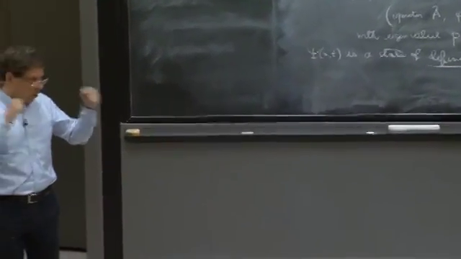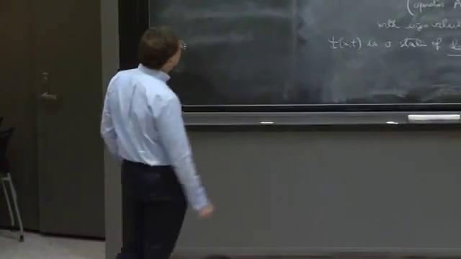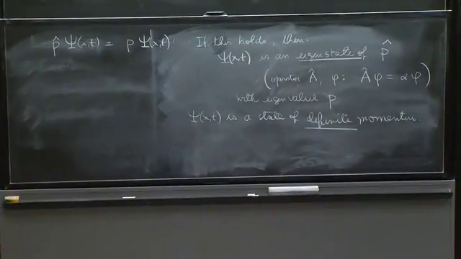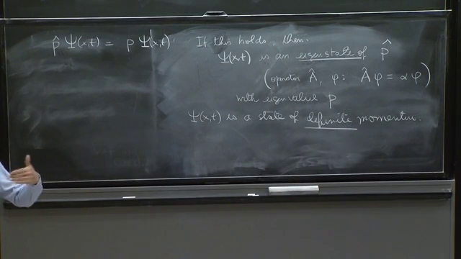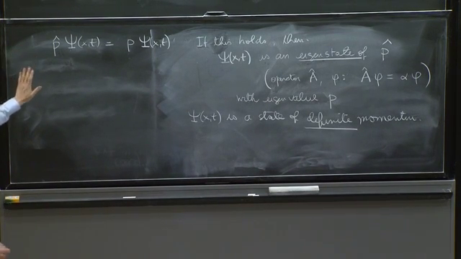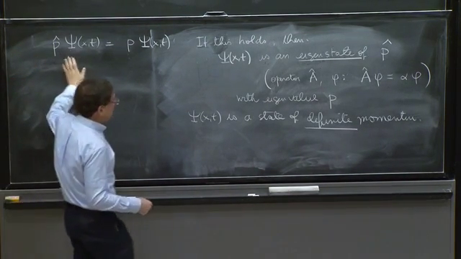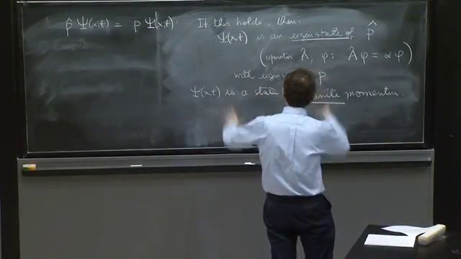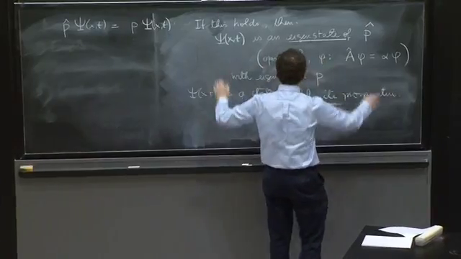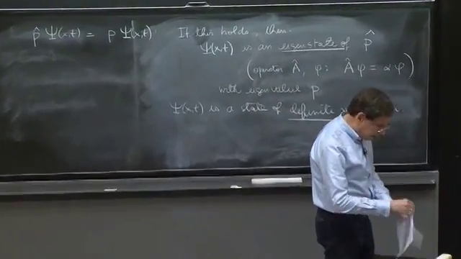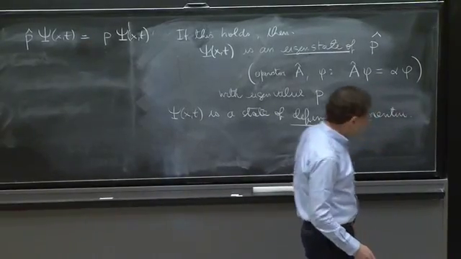You measure and you always get p. And that's what intuitively we have, because we decided that this was the wave function for a free particle with momentum p. So as long as we just have that, we have that psi is a state of definite momentum. This is an interesting statement that will apply for many things as we go in the course, but now let's consider another aspect of this equation.